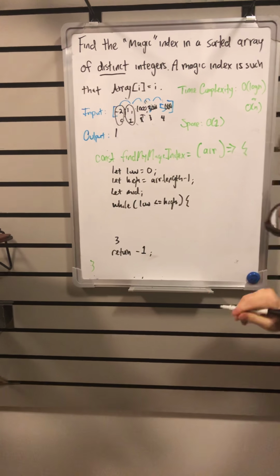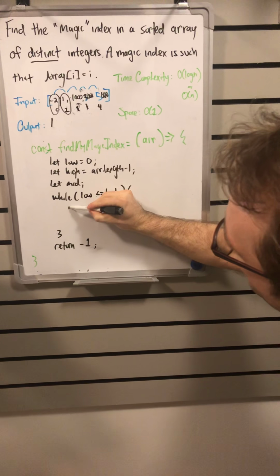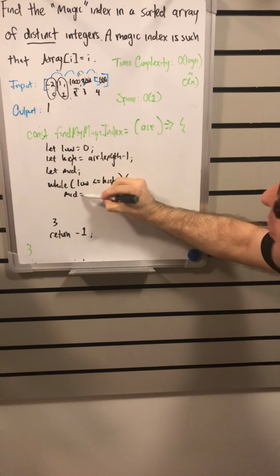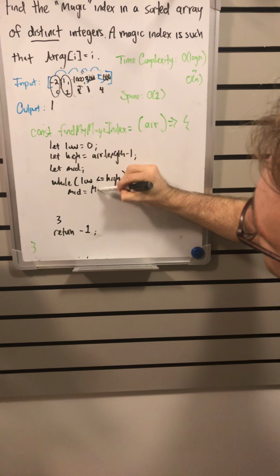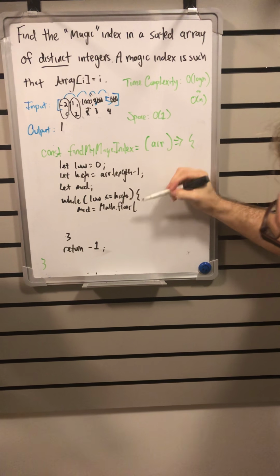Okay, so let's do some math. We're going to generate our midpoint, our mid index. And we're going to use JavaScript's math.floor.